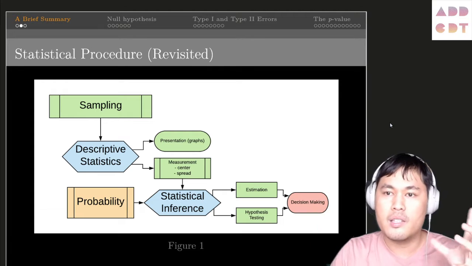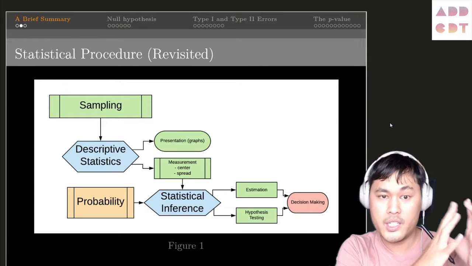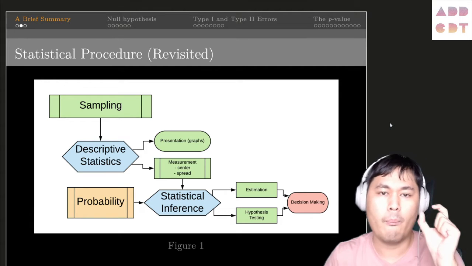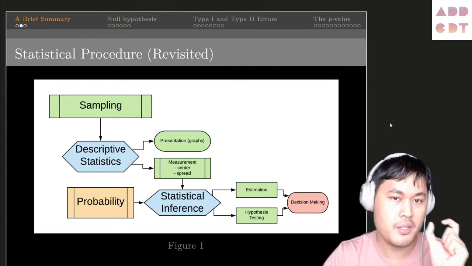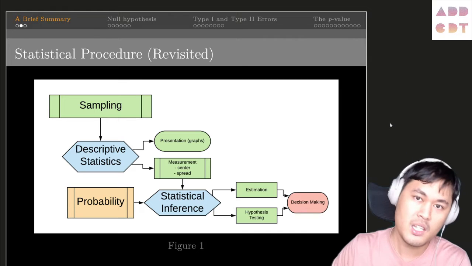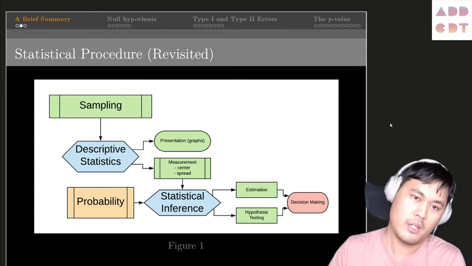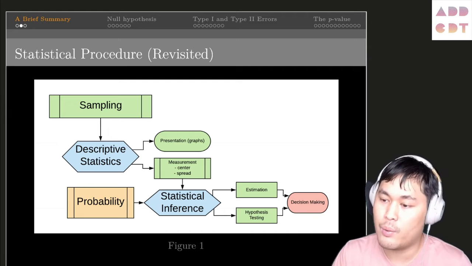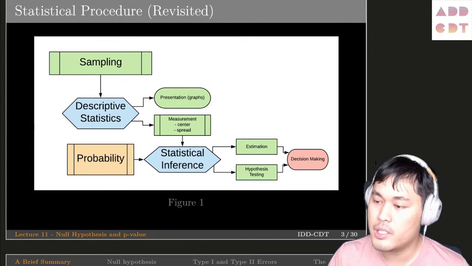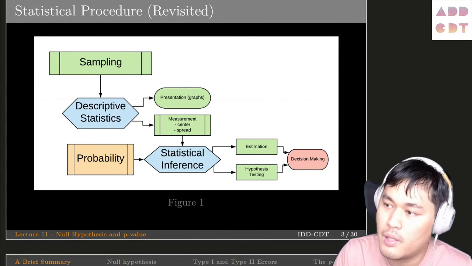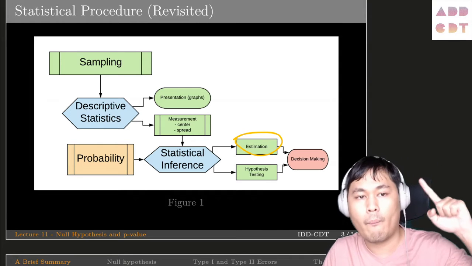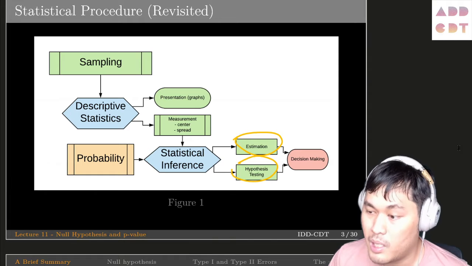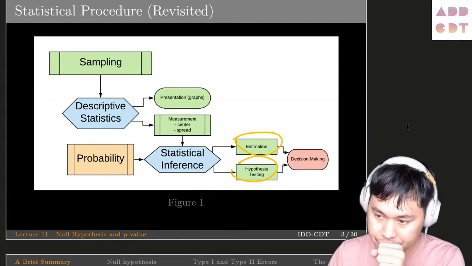How can you turn that into something easier to read using graphs, and get nice statistics such as the mean, the standard deviation, variance, and other things? And now we are going to ask how we can apply that to actually making a decision. Last time it was about the top part, which is estimation, and today we are going to study the bottom part, hypothesis testing.